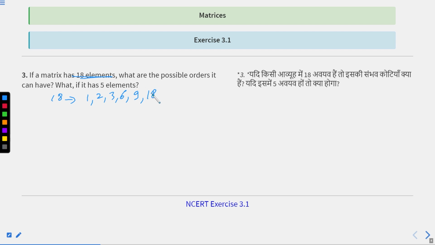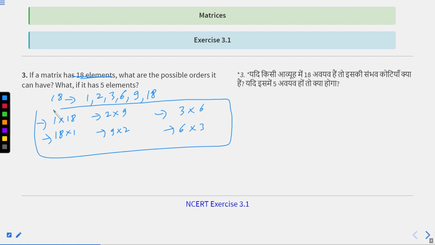These will be the only factors. Now 1 and 18, 18 and 1: row and column matrices. Then 2 rows, 9 columns; 9 rows, 2 columns; 3 rows, 6 columns; 6 rows, 3 columns. You will have only these possible orders.